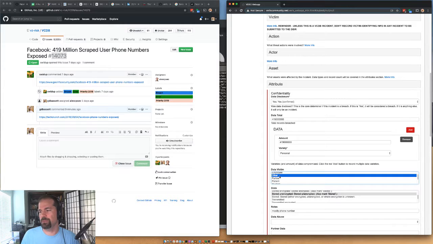The data didn't really belong. There was no real relationship between the victim and the owners of the data, because the owners of the data would be Facebook's customers, but not the victim's customers.